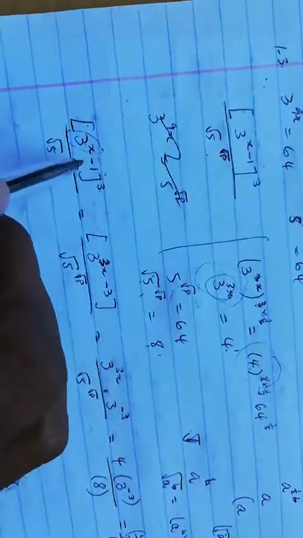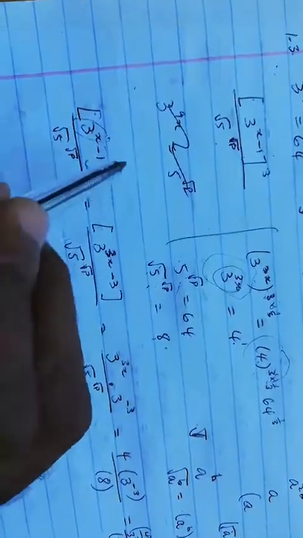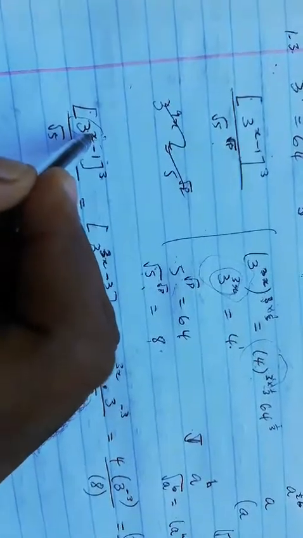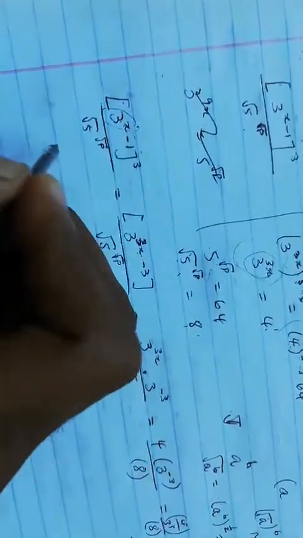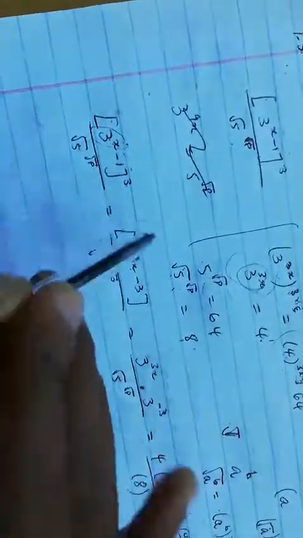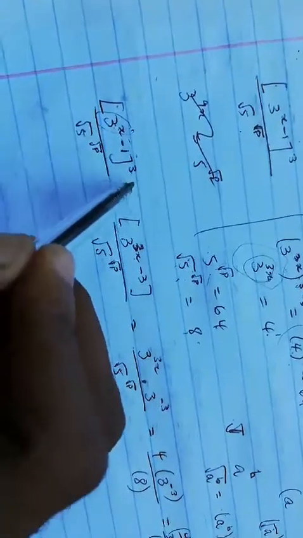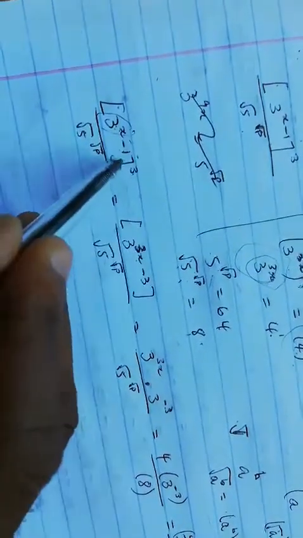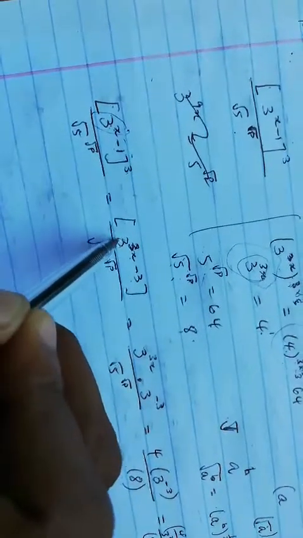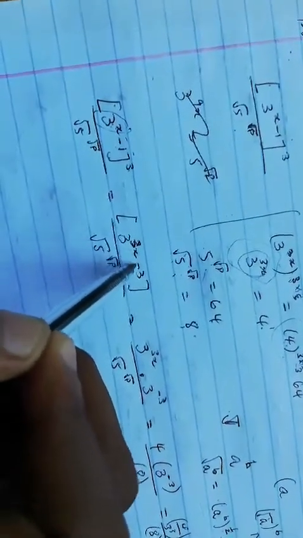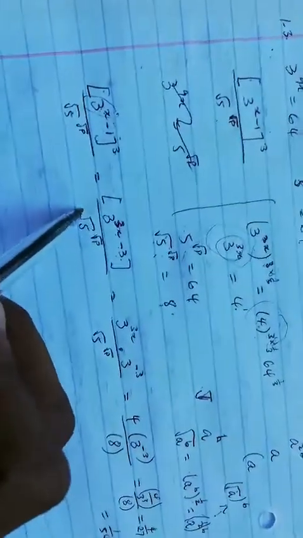Before we can even think of that, we can do it, but it's going to be messy. So what we can do is multiply out, like I did here. You multiply out, and then comes 3x, and then 3. So everything is 3 to the power of 3x minus 3, and this one stays the same. So we can't do anything here.